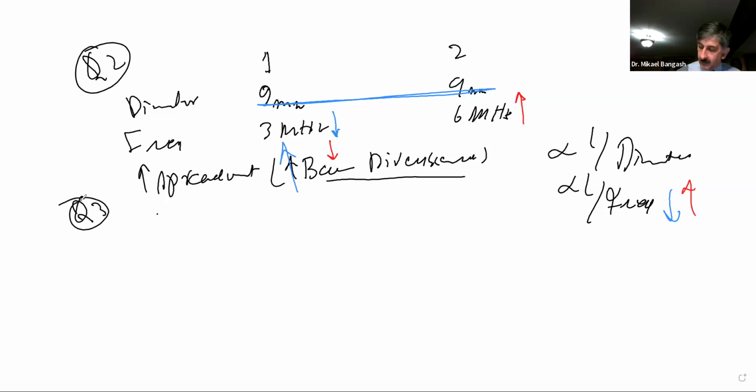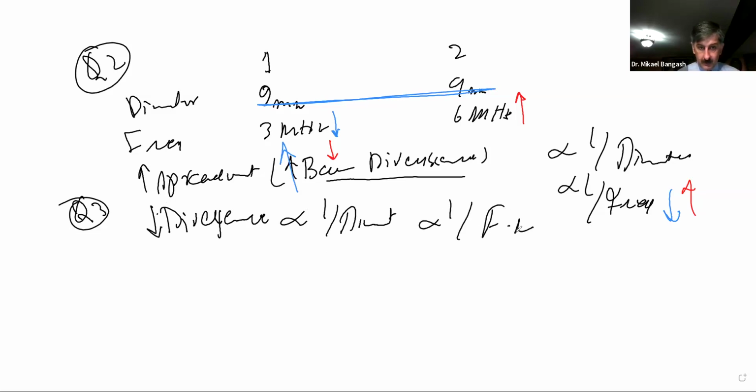Question 3. Which of the following probes creates a beam with the least divergence? Again, least divergence in the far field, which we know is inversely proportional to the diameter and inversely proportional to the frequency.